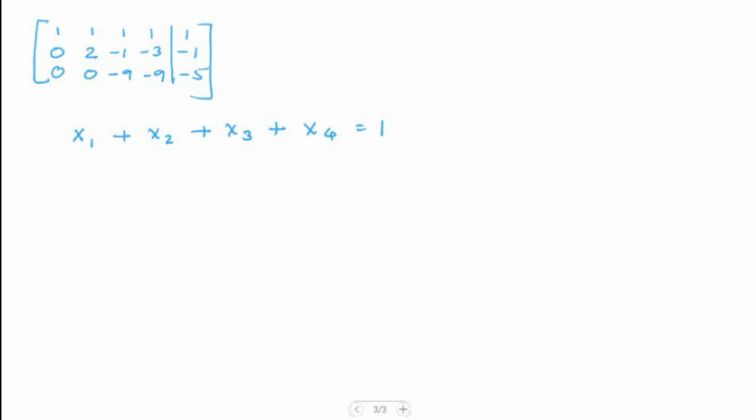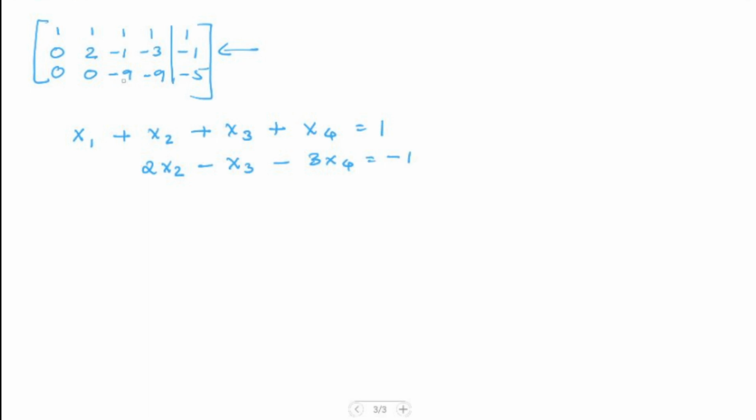For the second row here we have 0x1, so I will not write that. And then we have 2x2, and then minus 1 times x3, so you have minus x3. And then minus 3 times x4, so that's minus 3x4 is equal to minus 1.